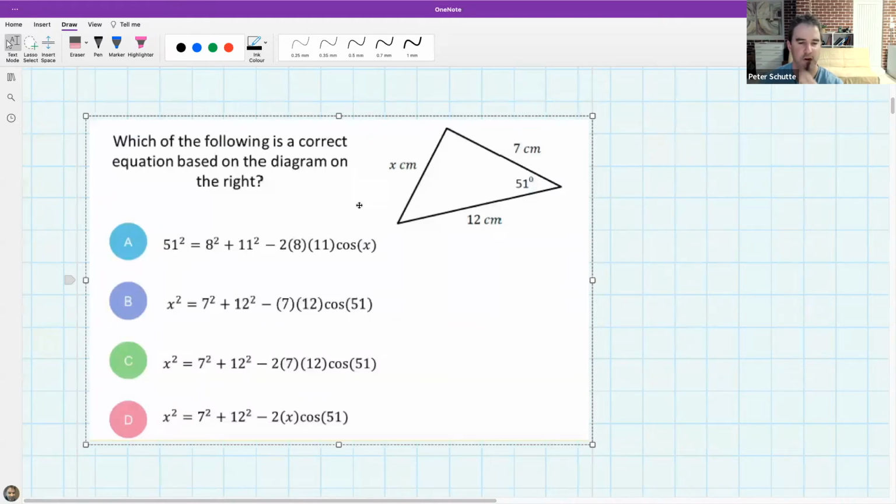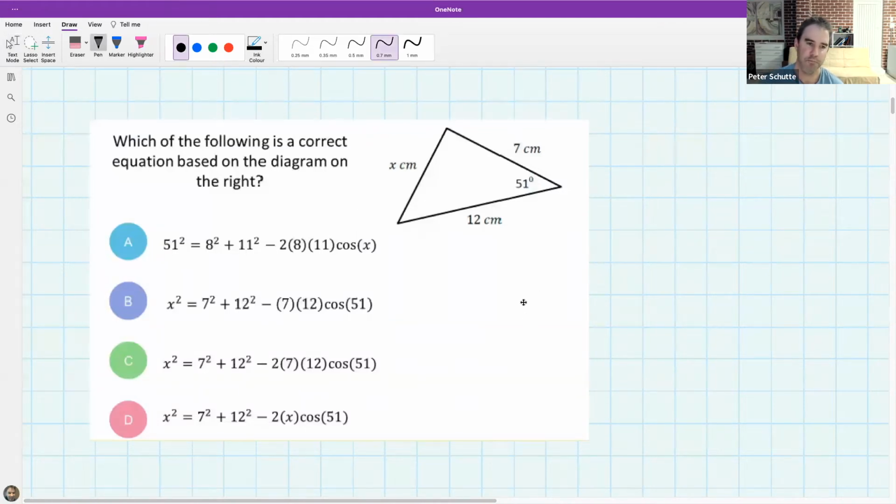So think about if you had to start with this one, you have different choices. It's probably not going to be A because you've never put the A as a subject. So I'd probably start with an x squared. And then you have to ask yourself, okay, which of these options?